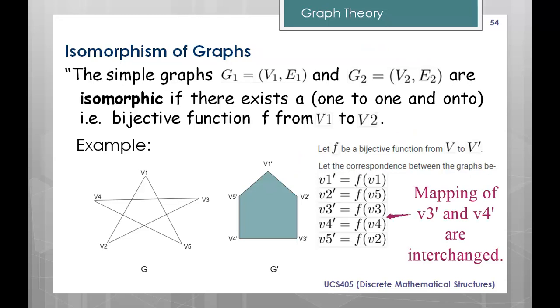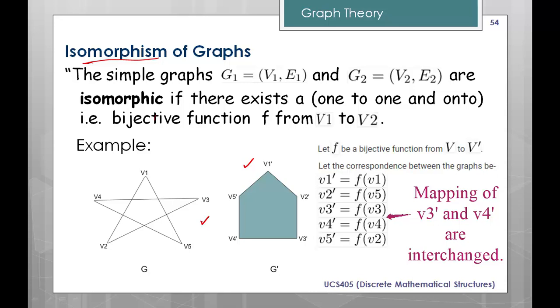Next is isomorphism of graphs. Iso means equal. For example, if we are talking about these two graphs, are both graphs isomorphic or not? How will we see it? The first condition is that both graphs have an equal number of vertices. Yes, the first contains 5 vertices, V1, V2, V3, V4 and V5.